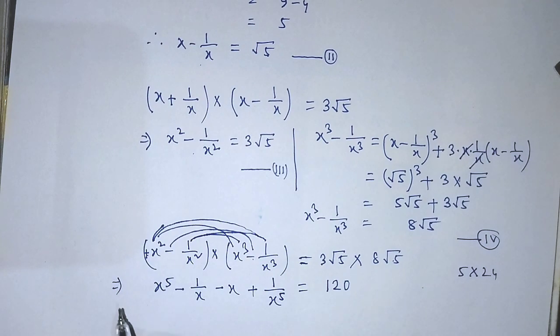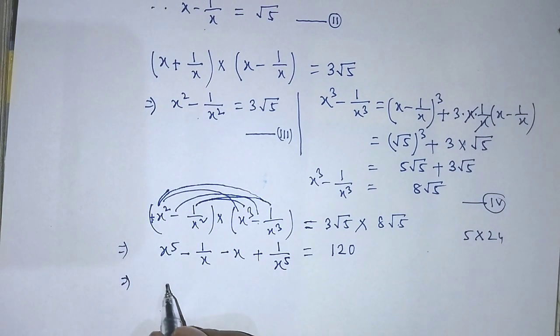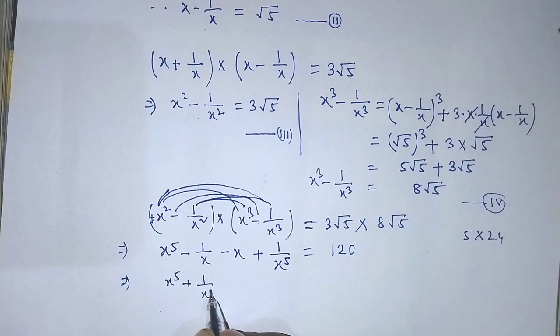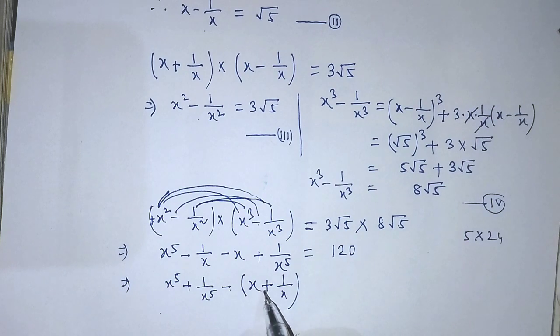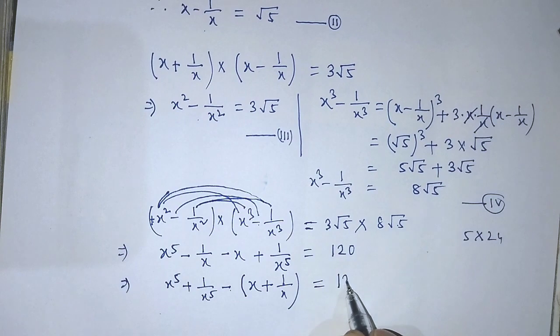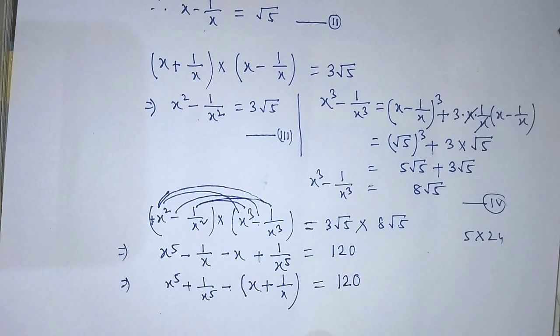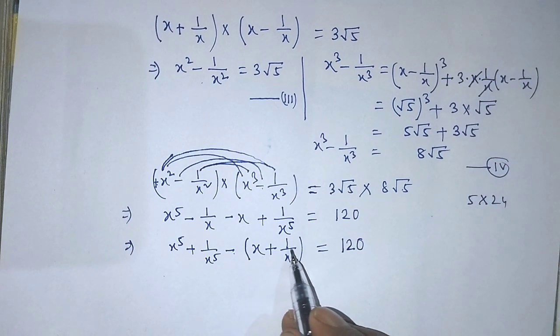Okay, so student, now we can write from this algebraic expression x to the power 5 plus 1 over x to the power 5 minus, so student, if you take common minus from these two terms, then you have to write minus first bracket x plus 1 over x is equal to, again we have to write 120. So student, now again we have to put the value of x plus 1 over x.